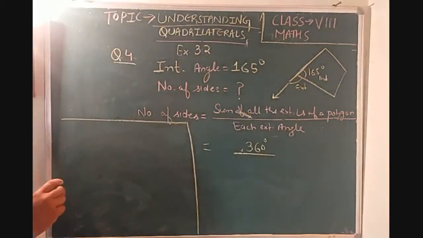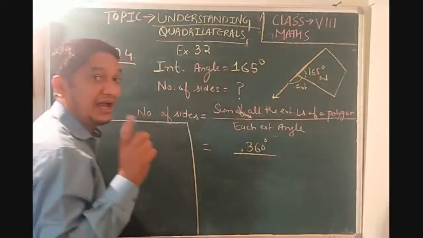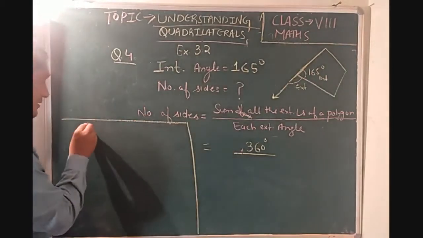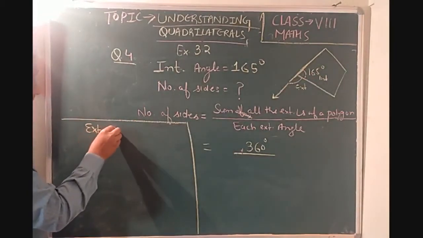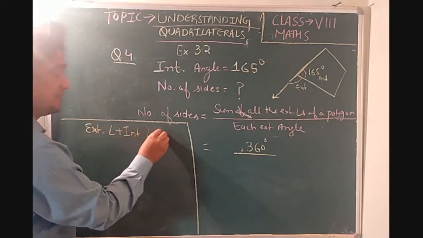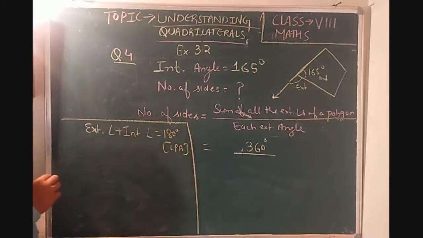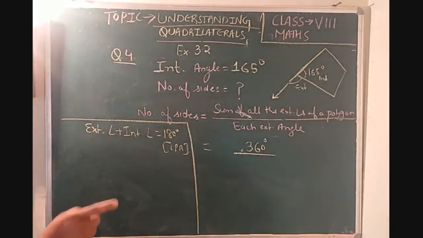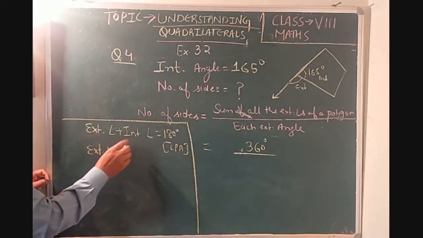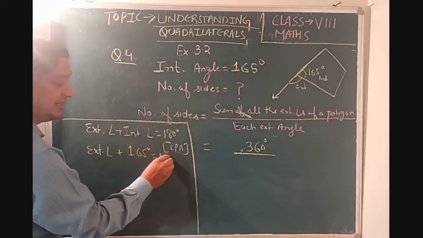So children, we know that a pair of angles formed on a straight line adds up to 180 degree. Exterior angle plus interior angle is equal to 180 degree. Linear pair axiom: angles formed on a straight line are always 180 degree. Now exterior angle plus 165 degree equals 180 degree.